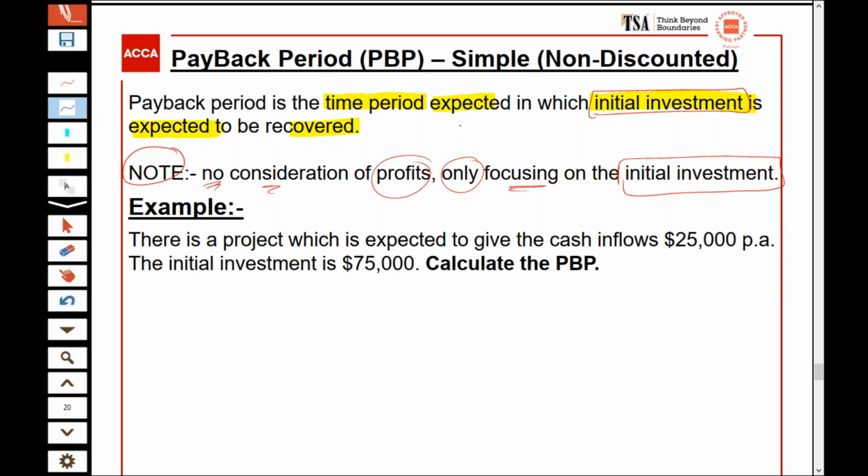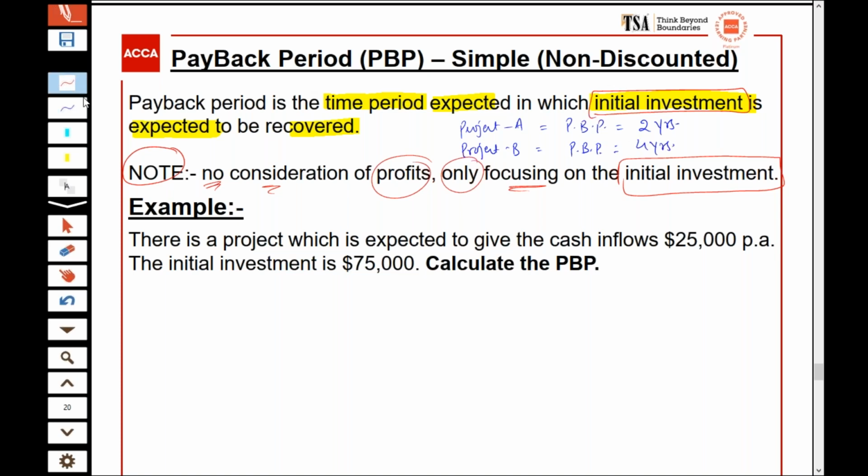For example, there is project A, its payback period is 2 years. For example, there is project B, the payback period is 4 years.